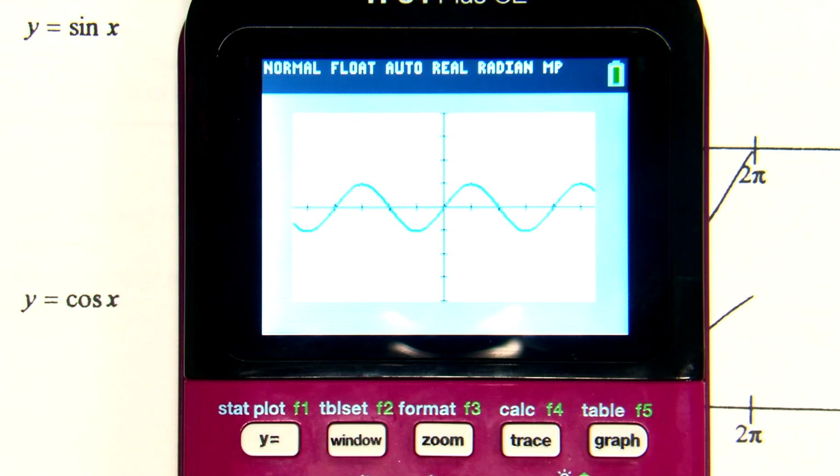That's not just one mountain and one valley, right? It keeps going on forever and ever and ever, always going to heights of 1 and lows of negative 1. Every 2 pi is going to be the same. So from 2 pi to 4 pi is going to look like what 0 to 2 pi looks like, and so on and so forth.